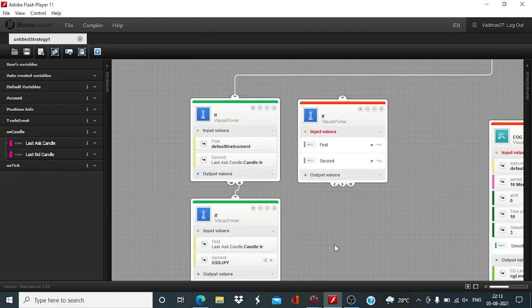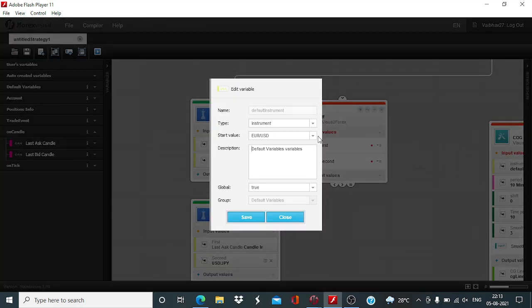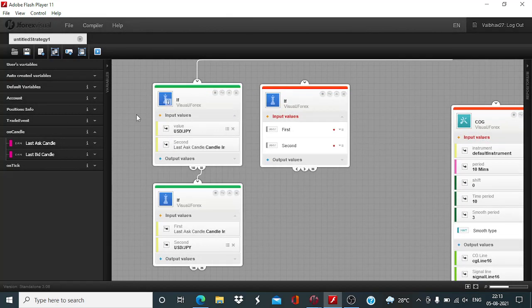So here it is, and I will have to change the default instrument from Euro USD to USD JPY.